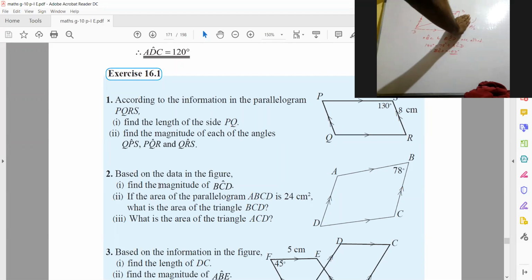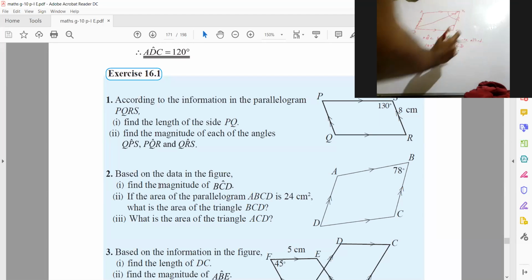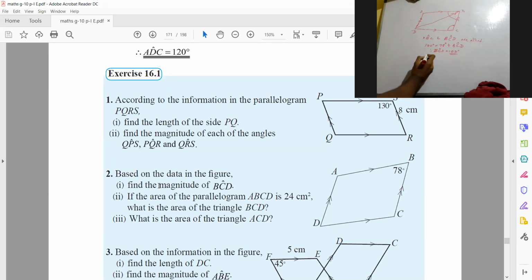Now in this question, it says that the area of the parallelogram is 24 square centimeters, right? 24 square centimeters. This is parallelogram ABCD.